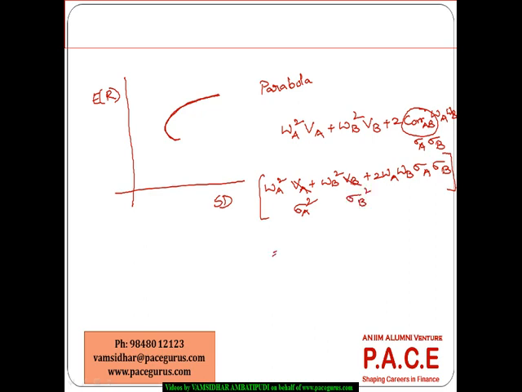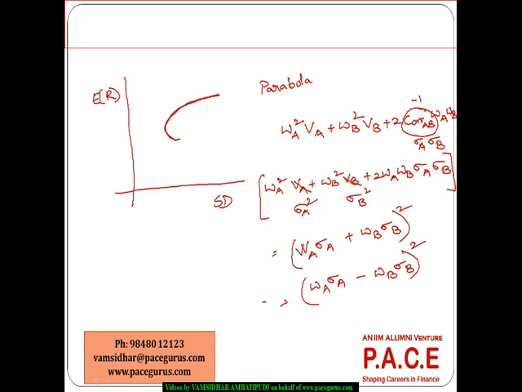So I could very well write it as WA sigma A plus WB sigma B whole square. The same logic goes if the correlation between them is -1: it becomes WA sigma A minus WB sigma B whole square. This is the variance.